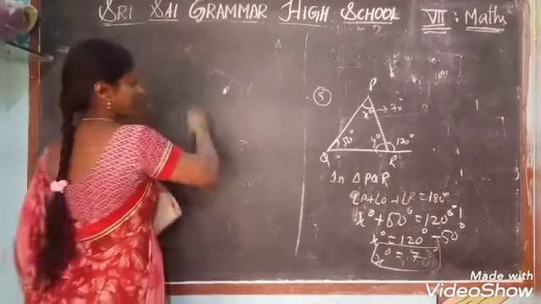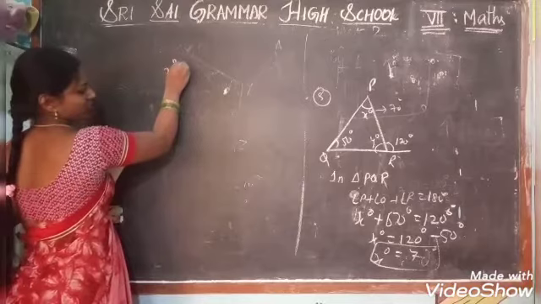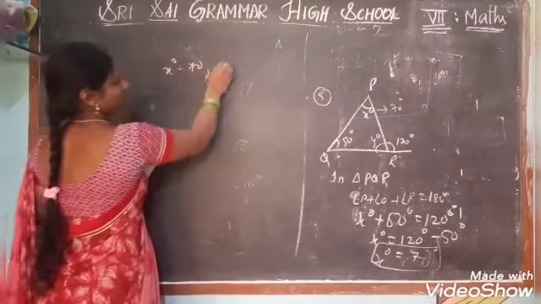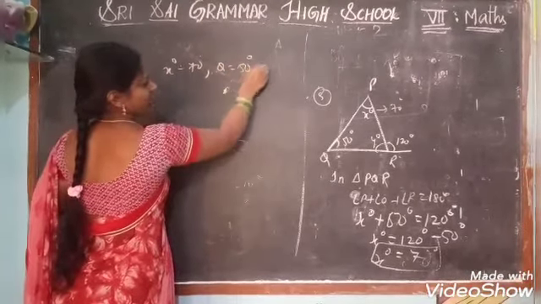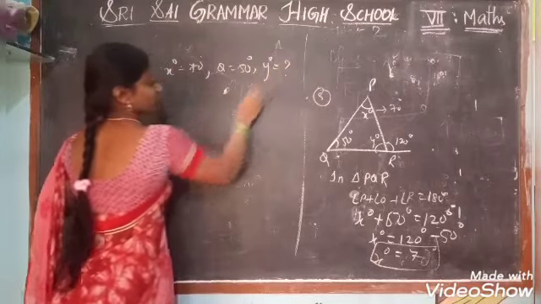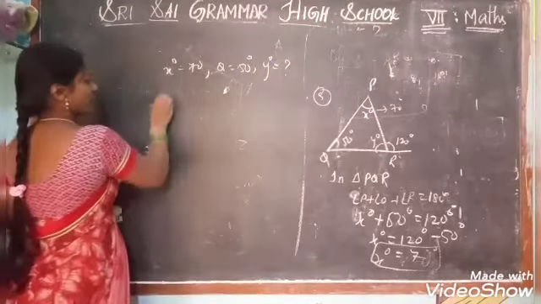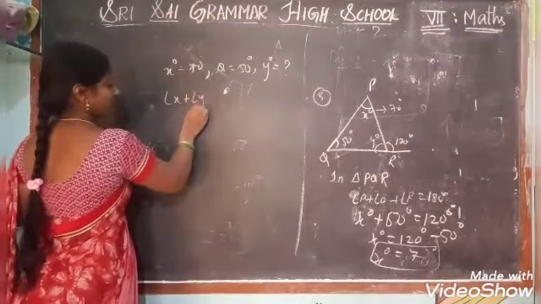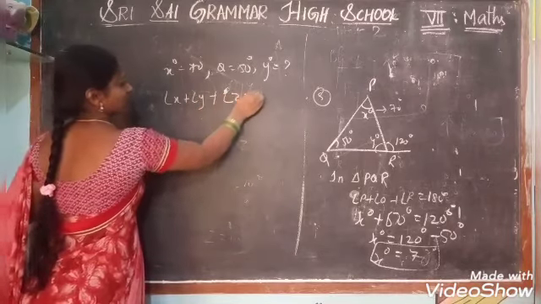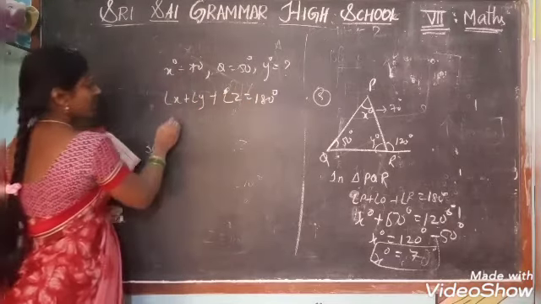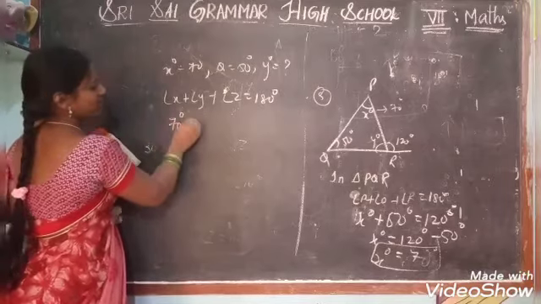Now x equals 70 degrees, angle Q equals 50 degrees, and angle y, that is R, we don't know. From angle x plus angle y plus angle z equals 180 degrees, x is 70 degrees.